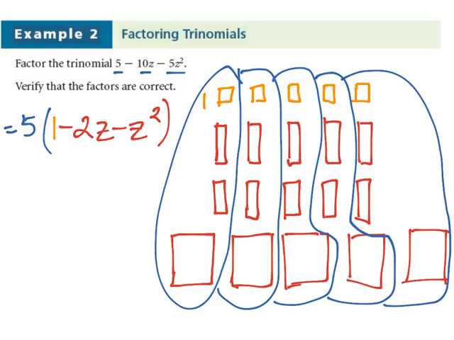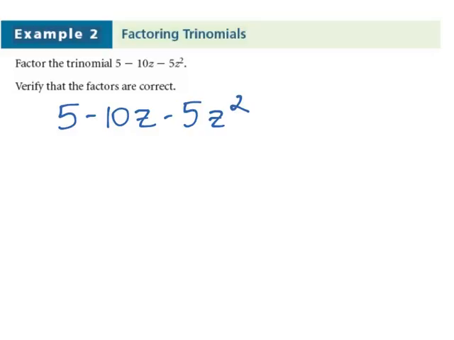Let's do the same question without the use of algebra tiles. Again, we should find all the factors of all our terms. So we have only 5, 5 times 1. For 10, we have 2 and 5, and for 5z², we have a 5 and 2 z's to multiply. The only common term, or greatest common factor, is 5.